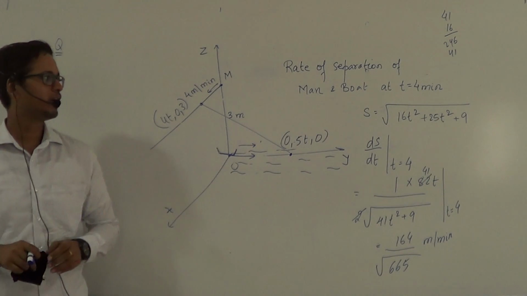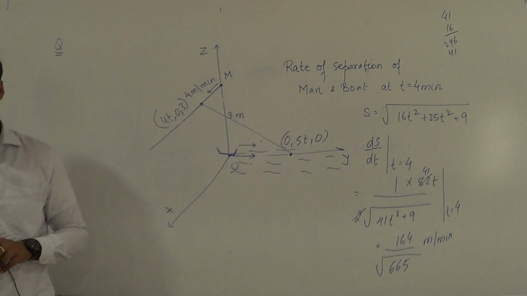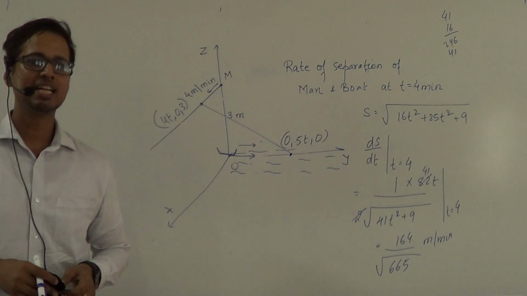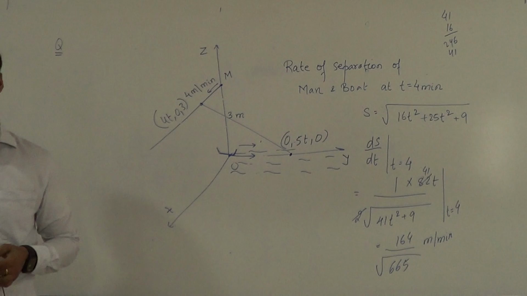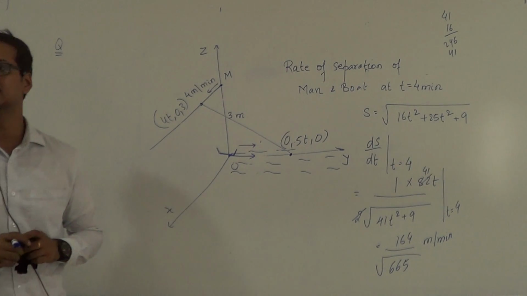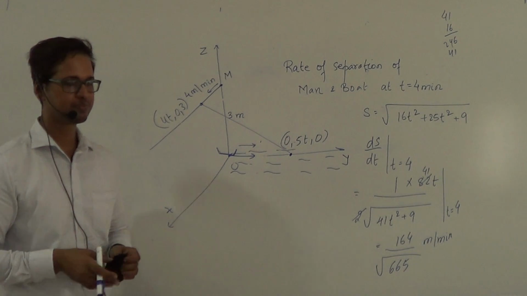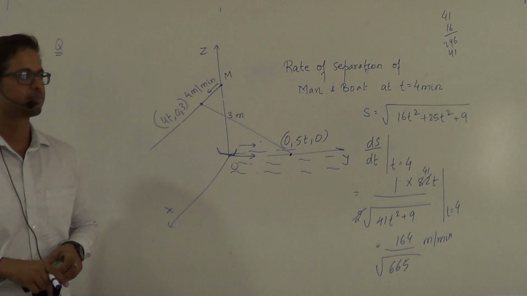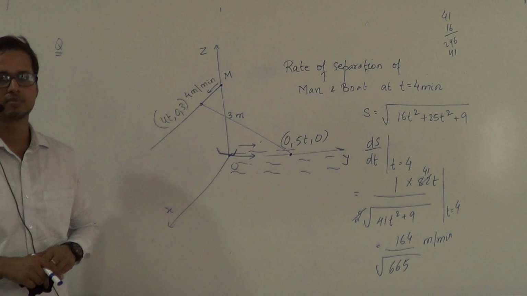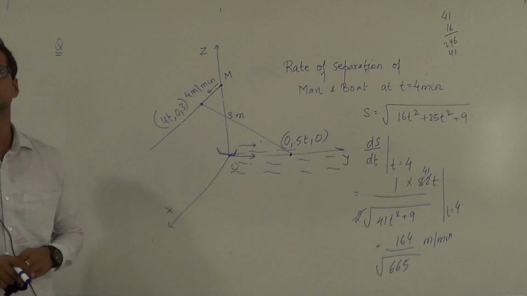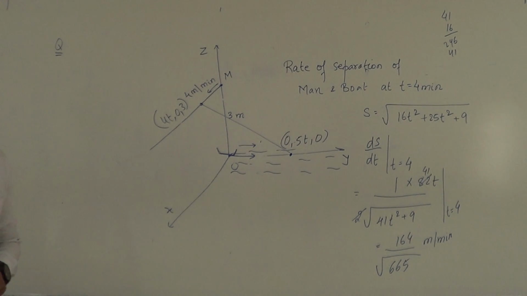Alright, so we'll move on now to the concept of errors and approximations and how dy by dx is helping us to find errors and approximate some values. Clear?